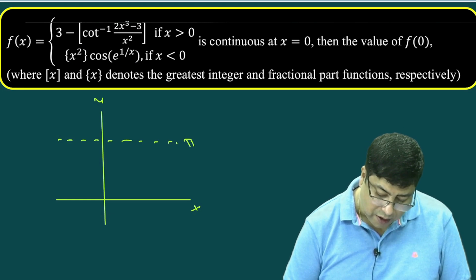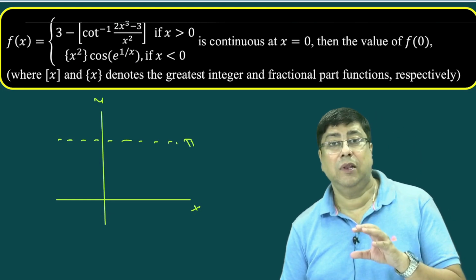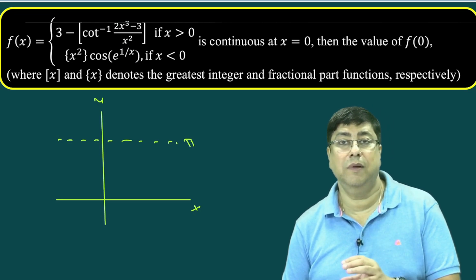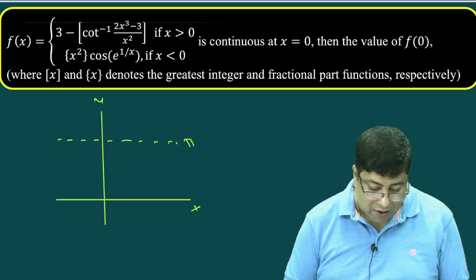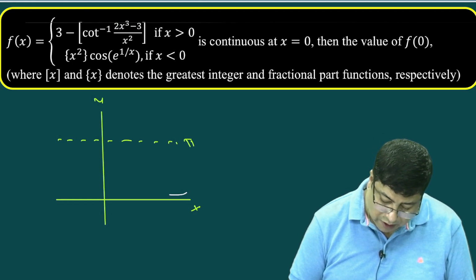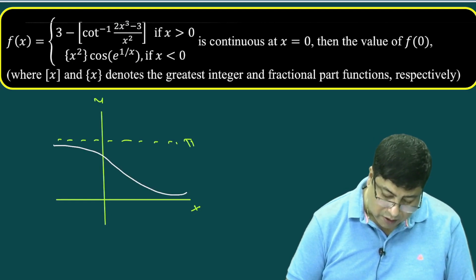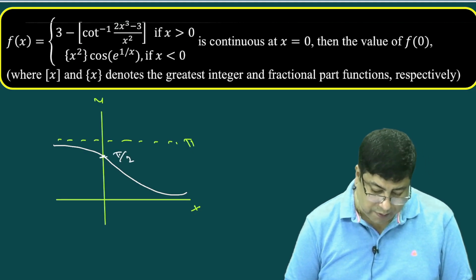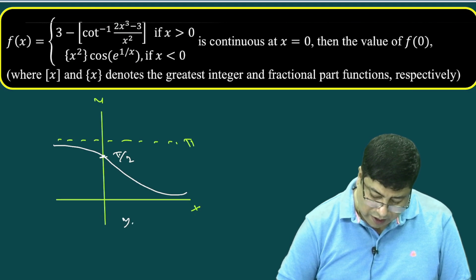Now I am drawing cot inverse. Remember that the domain and range of sin inverse x, cos inverse x, tan inverse x and cot inverse x are very important. If I draw the rough diagram, this is pi by 2. So this is y equal to cot inverse x.